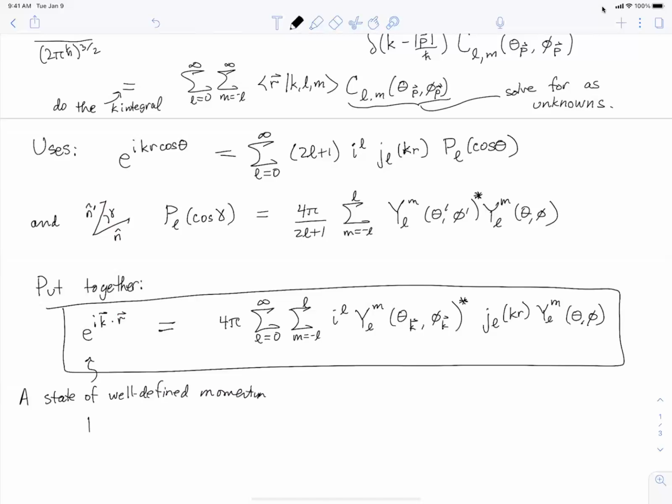And the momentum is actually p equals h bar times the vector k. And what this equation says is that it's equal to, on the right, a superposition of all possible angular momenta.